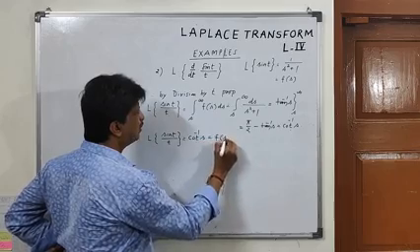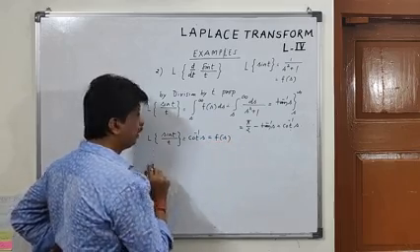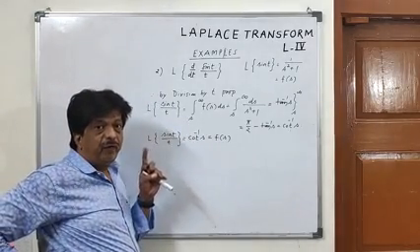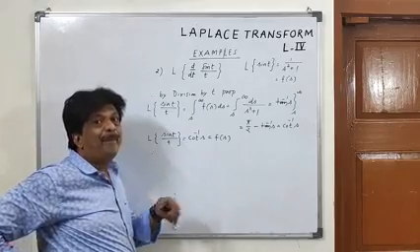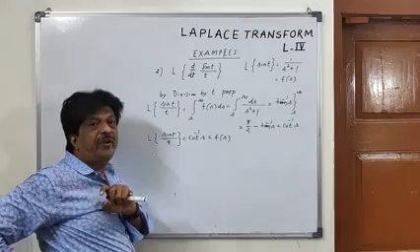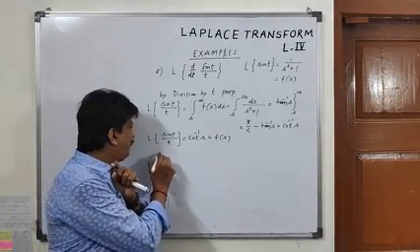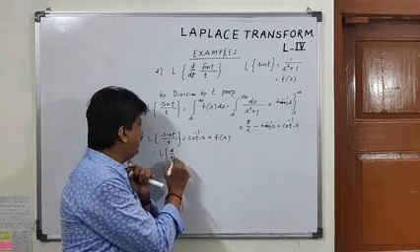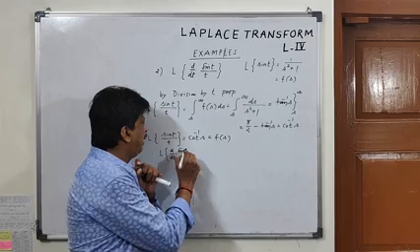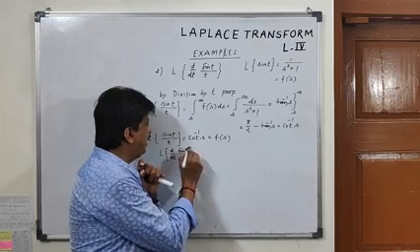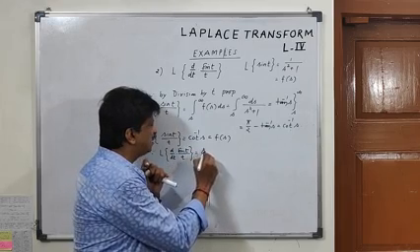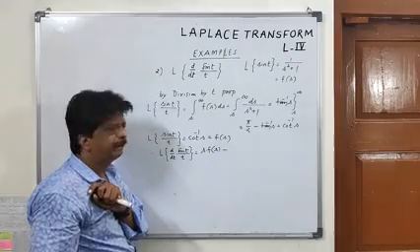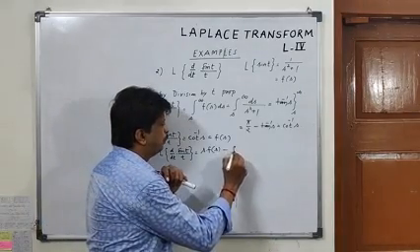This is F of s. Therefore, now I am using the formula for the Laplace transform of the first derivative. The Laplace transform of d by dt of sine of t by t, the formula says, is s into F of s minus f of 0.